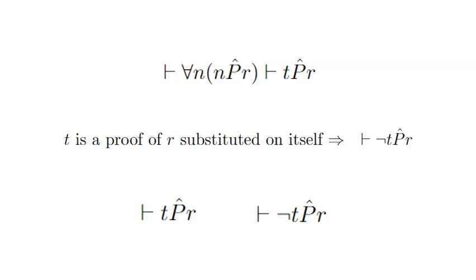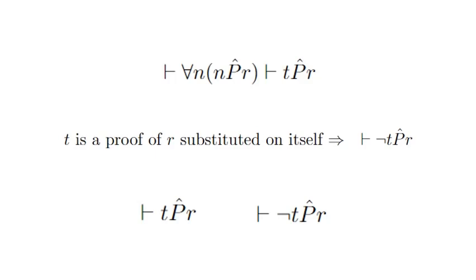However, since t is a proof of r, then we can also prove the negation of t P hat r. So we just got a contradiction. We proved both a formula and its negation.